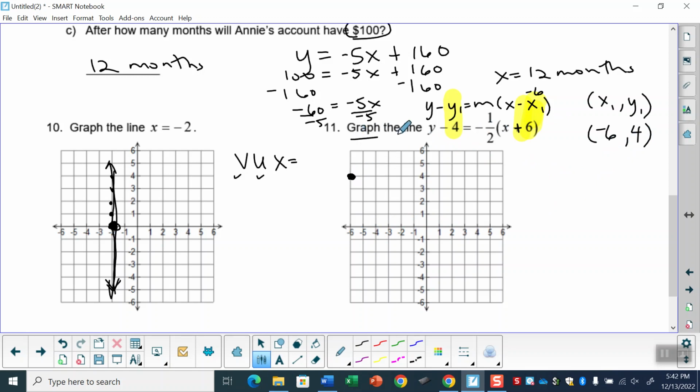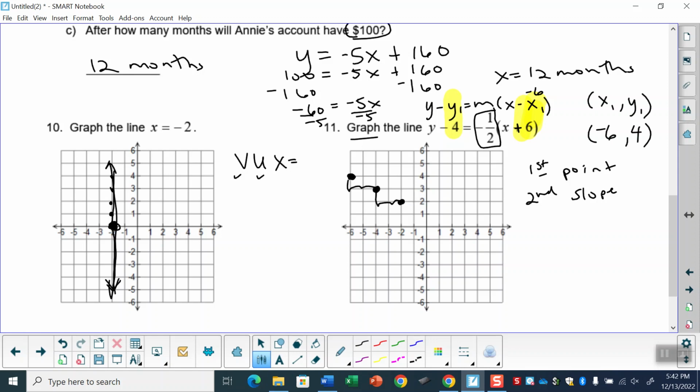Remember, if you're going to graph a line, you need a point. Second, you use the slope to get your next point, okay? So here is my slope, right? -1/2. So I'm going to go down 1 over 2, and I'm going to put a point there, and I'm going to do that a couple of times.